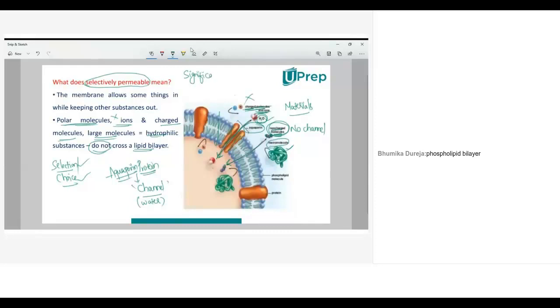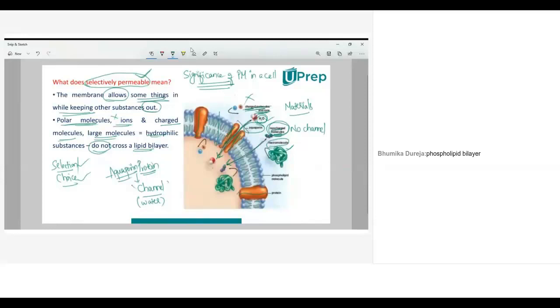So that's the significance. What does significance mean? Importance. The significance of the plasma membrane in a cell: the first and foremost important point is its selective permeable nature. The membrane allows only some things while keeping other substances out.